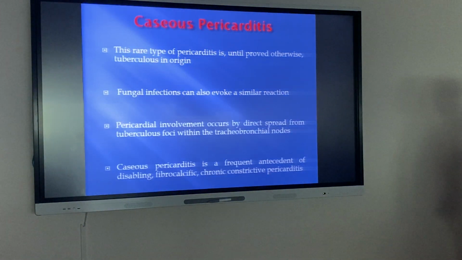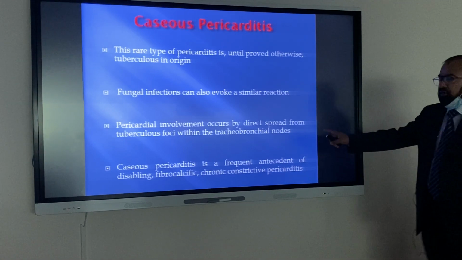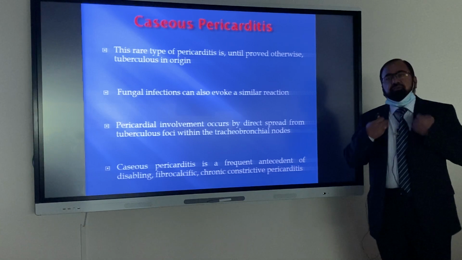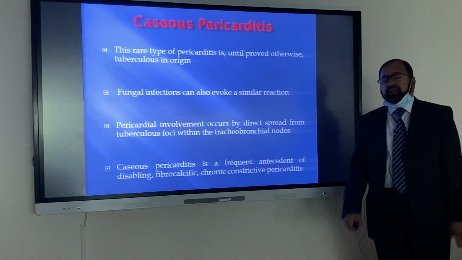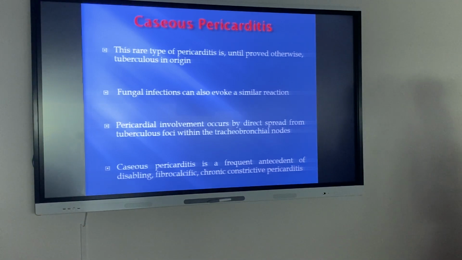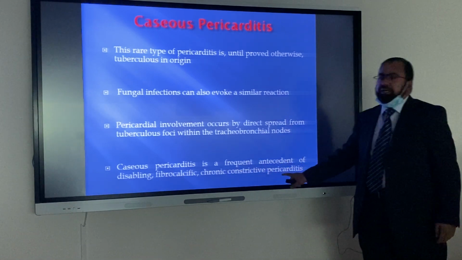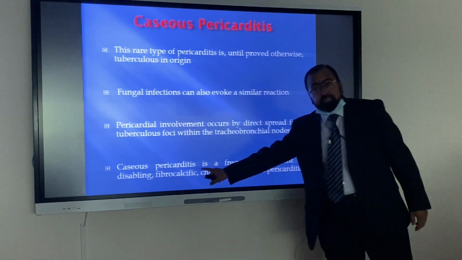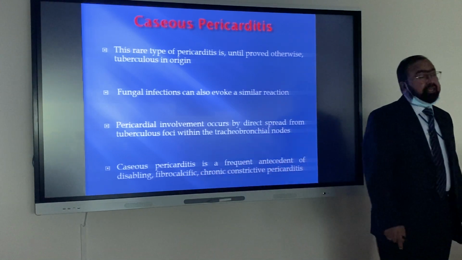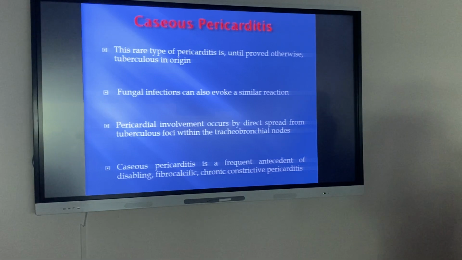Pericardial involvement occurs by direct spread of tuberculosis foci from the tracheobronchial lymph nodes. So surrounding lymph nodes can directly invade. Caseous pericarditis is a frequent antecedent for disabling fibrocalcific chronic constrictive pericarditis. Fibrocalcific, now this is another entity. The adhesive one is different.